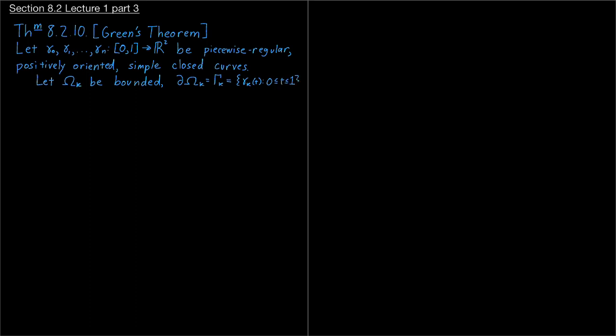That's the connected open set whose boundary is the image of the curve. We're going to be dealing with a domain that's one of these Jordan regions. And in Green's theorem in general, you're allowed to delete some holes if you want to. So we're going to let Omega_0 be the big region and the Omega_k's be little holes, and we're going to say that they have to be disjoint holes.